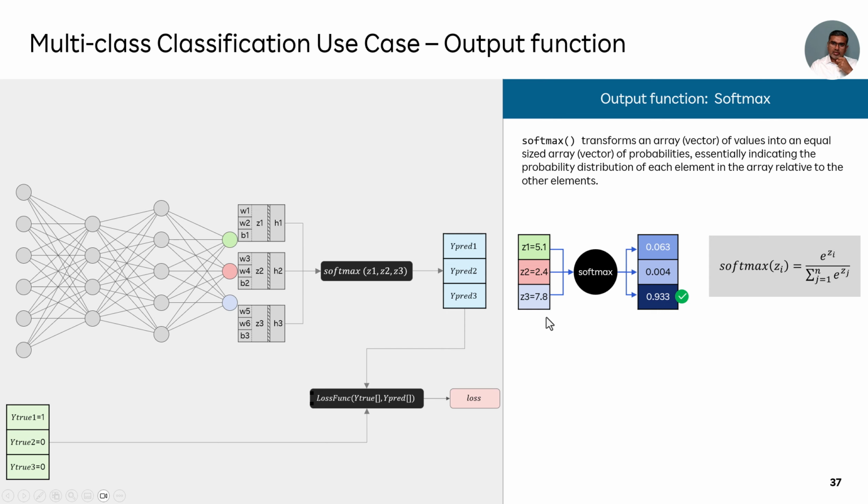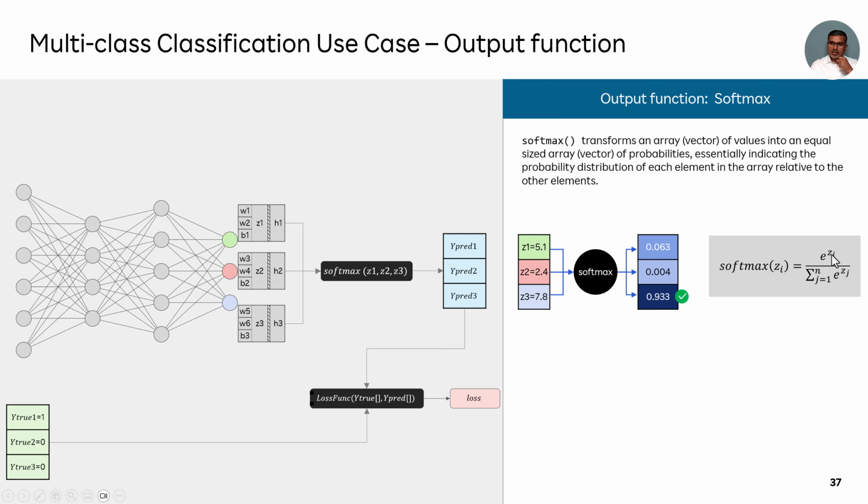Now, this is your logits that is calculated. Now, when you feed it to the softmax function, what it does is it basically says which of these values should be activated, or which of these should I turn on and the remaining off. So the way it does it is using this mathematical function here.